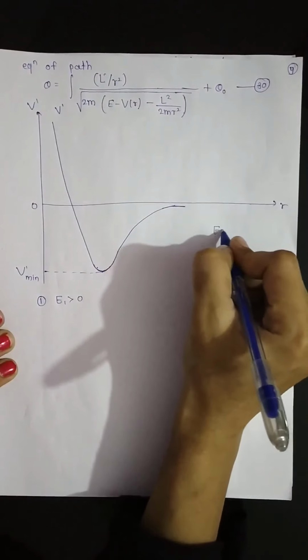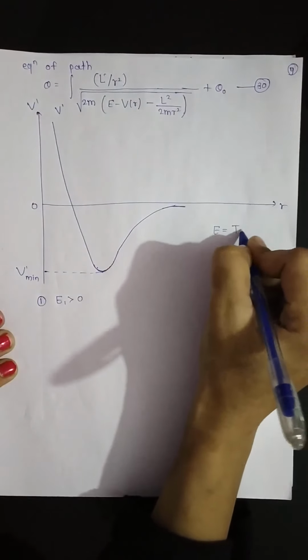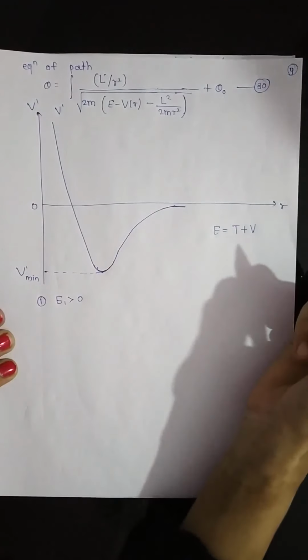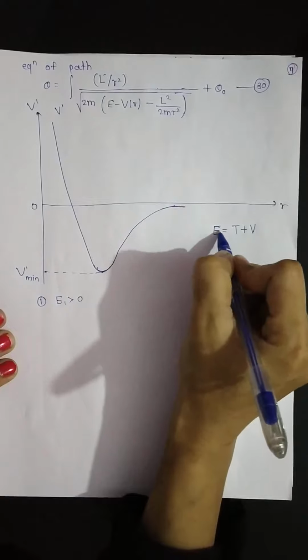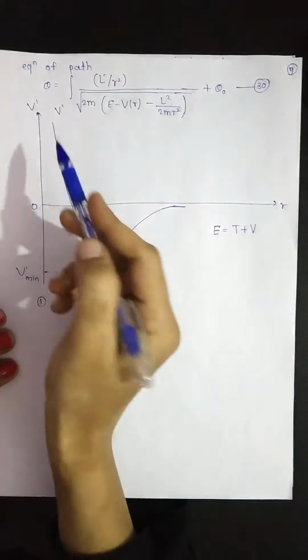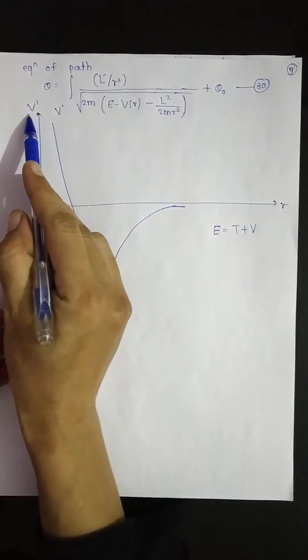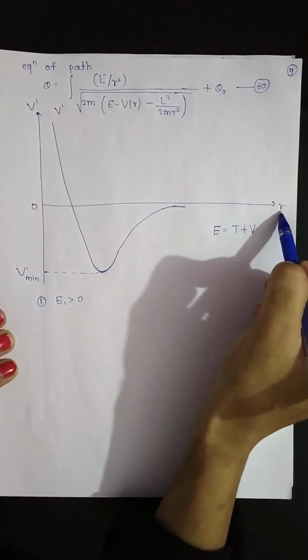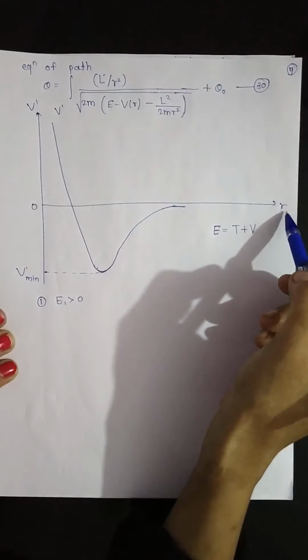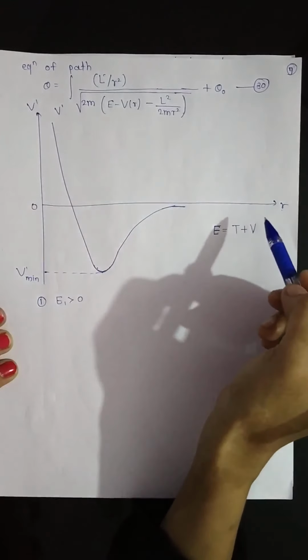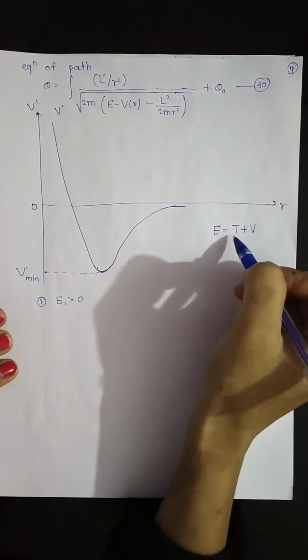Total energy is given by kinetic energy plus potential energy, that is T plus V. Now our graph is the effective potential energy with respect to r, and we will discuss this in terms of kinetic energy.